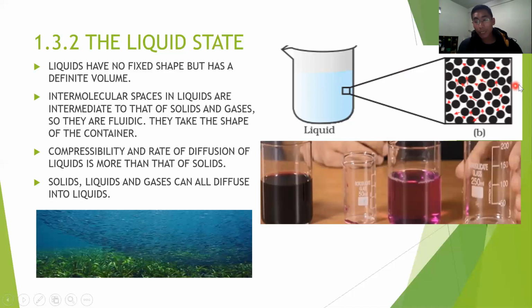That means in gaseous states, the gaps between the particles will be more, right? So they are fluidic. That means they flow, so they take the shape of the container.